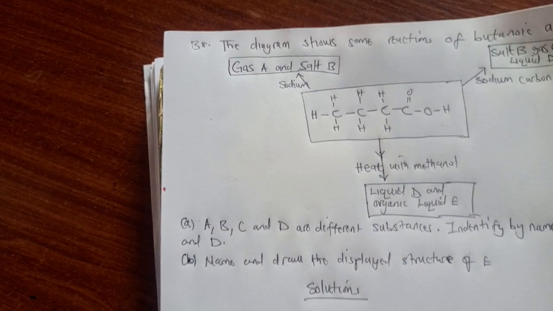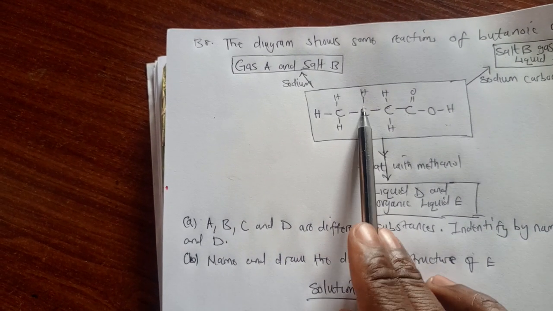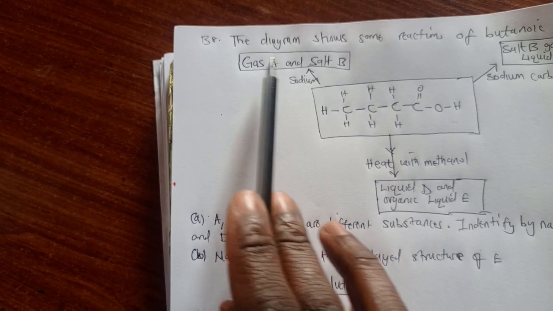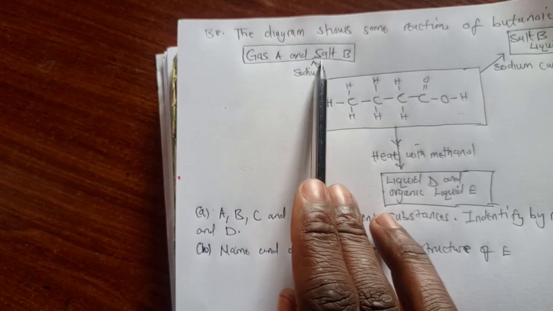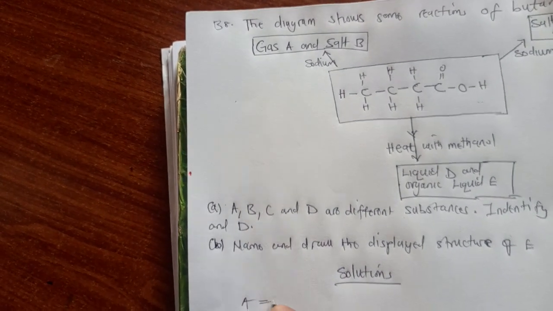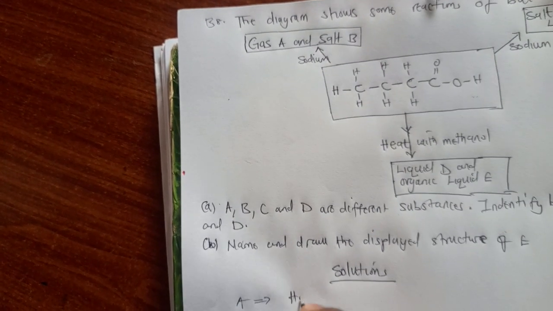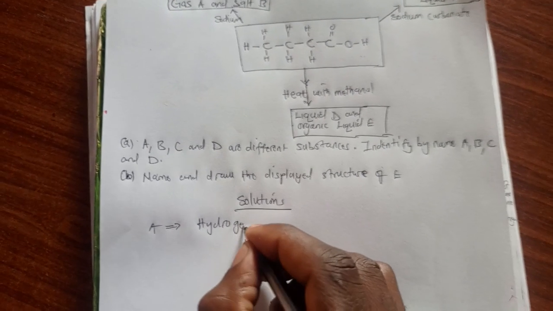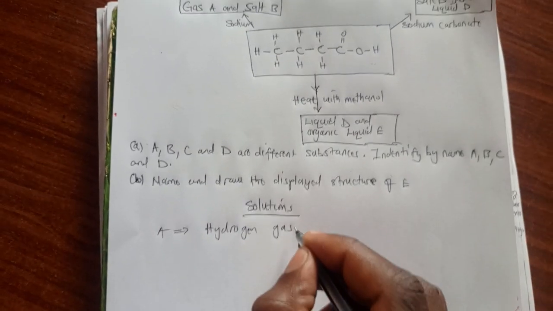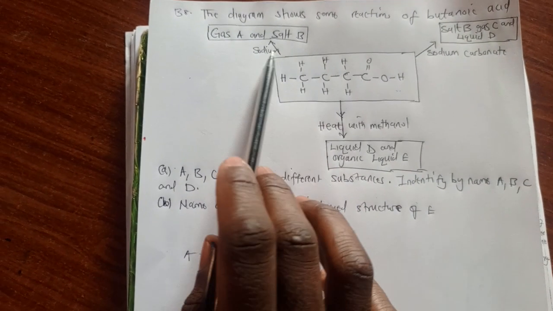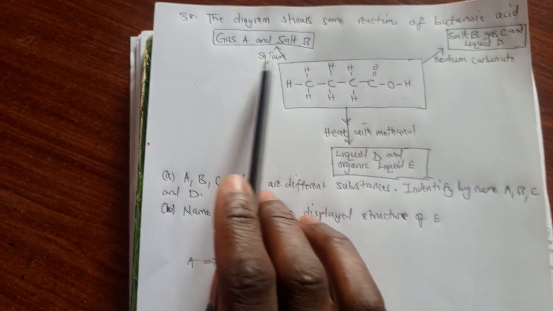We should know that the gas is hydrogen gas, because this butanoic acid is reacting with sodium to give us gas A and a salt. So A is hydrogen gas, because when an acid reacts with a metal, it produces hydrogen gas and a salt.